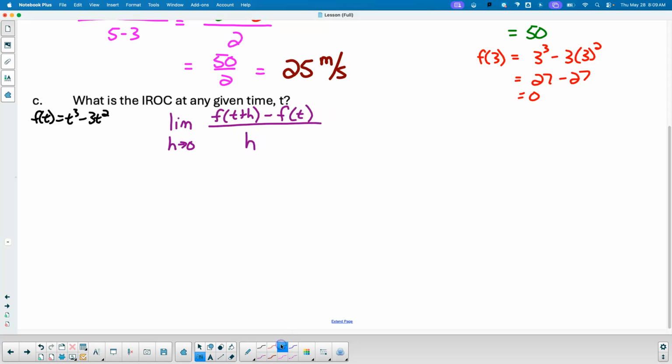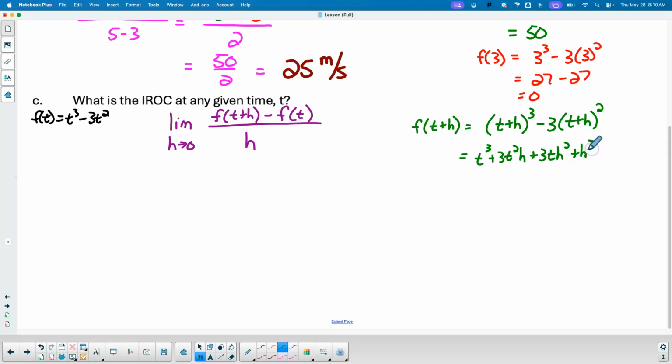So let's figure out f of t plus h. T plus h cubed is going to be t cubed plus 3t squared h plus 3th squared plus h cubed.